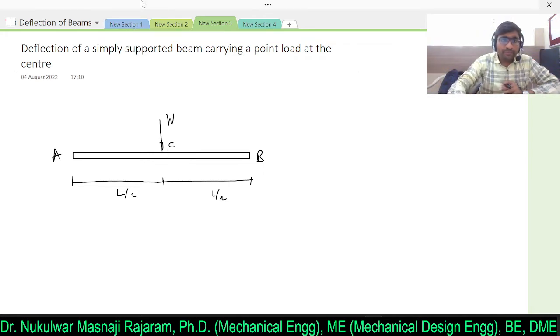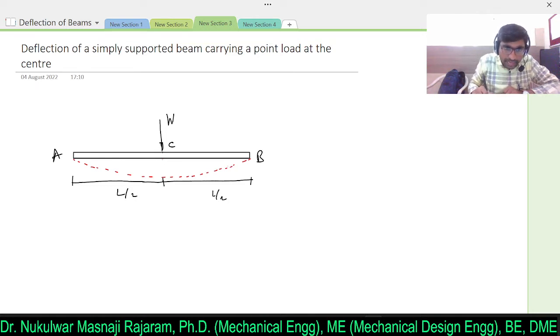Now when the load acts on the simply supported beam, the body will tend to bend. So try to understand, this will be the bending of the beam. Simple.